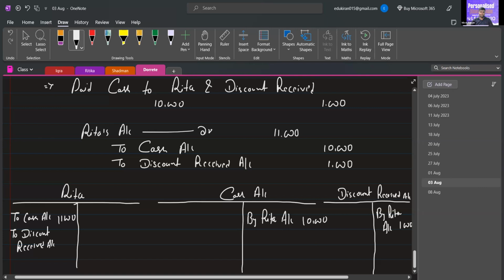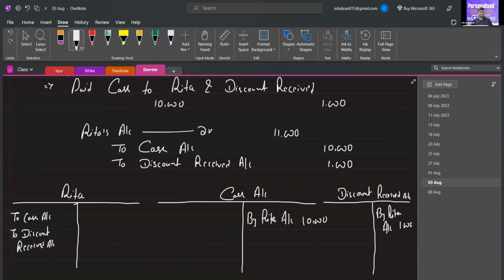We can write 11,000? The cash and discount received. No, sir, 11,000 here also. In the Rita side, cash account 10,000 and discount received account 1,000, sir.